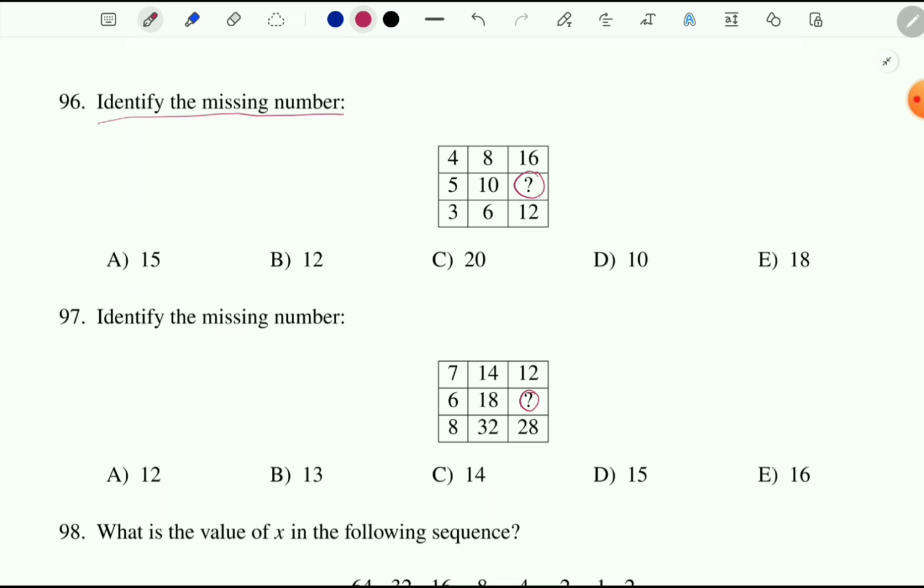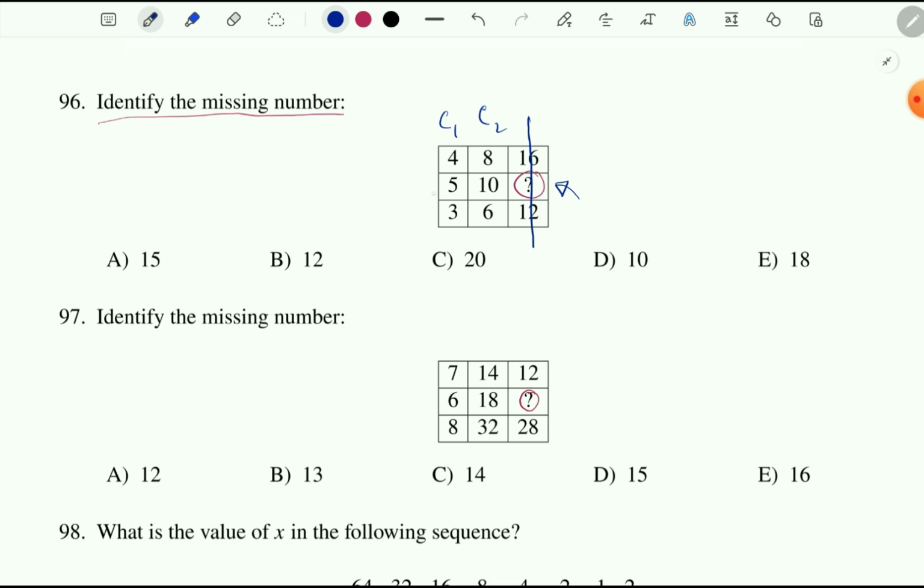So to find out this number, what we have to do is we have to find out the relationship between the numbers, actually between the rows or between the columns, because if we closely look, we can see this column is incomplete. So if we look at the relationship in column 1 and column 2, then if we find a reasonable relationship between the numbers, of course we are able to get it.